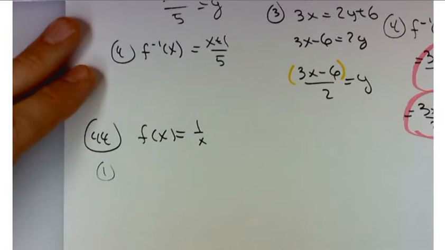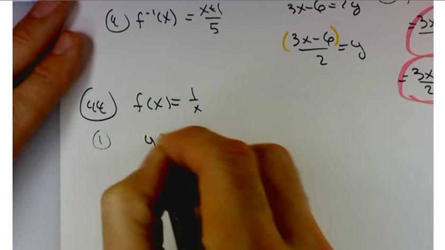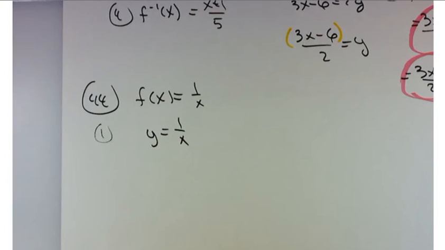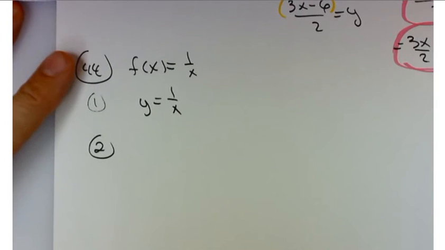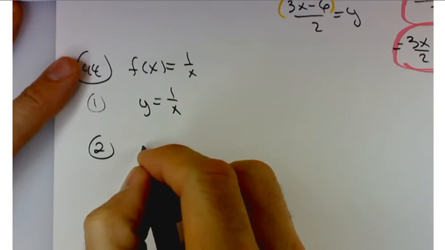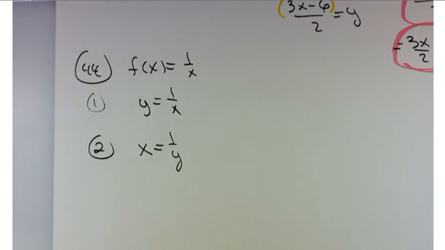Okay, so problem 44. Y equals 1 over x. Kara, what next? All right, so x equals 1 over y. Thank you. Amila, what do we do next? Tell me in general terms.